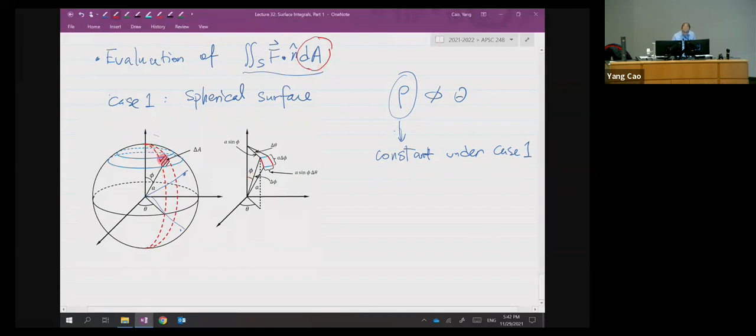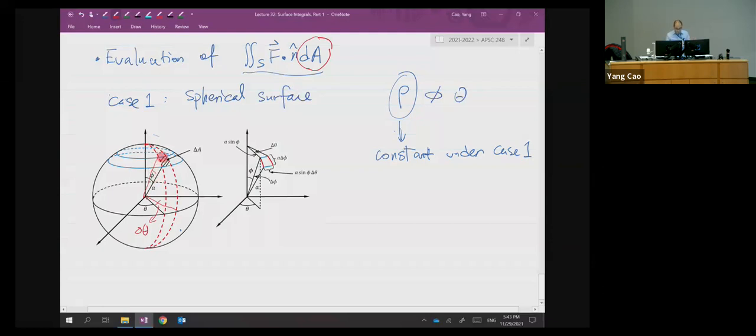For dA, this is what we did. We create a little patch on the spherical surface by using a longitudinal circle and a latitude circle. You see the two red longitudinal circles: essentially a rotation from theta to the next one by a delta theta. And these two circles here are essentially a rotation from phi to the next level by a delta phi.